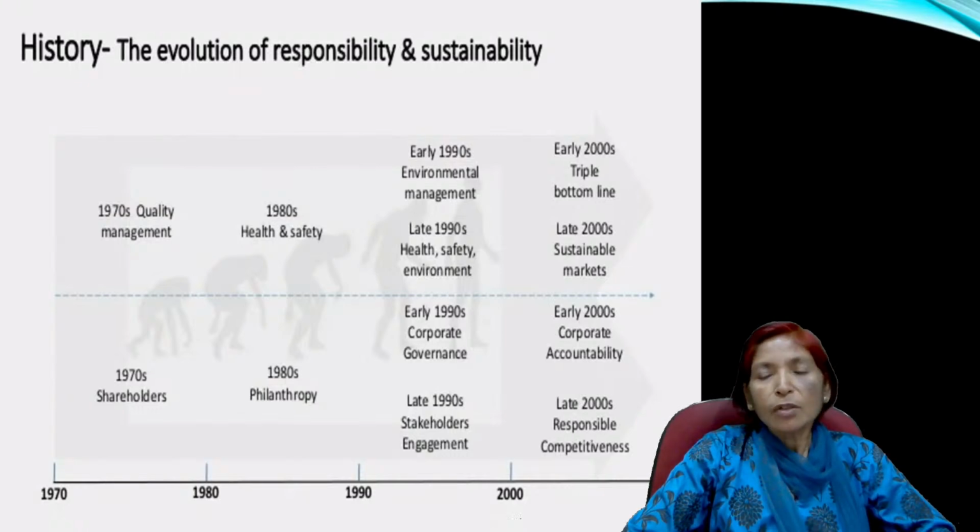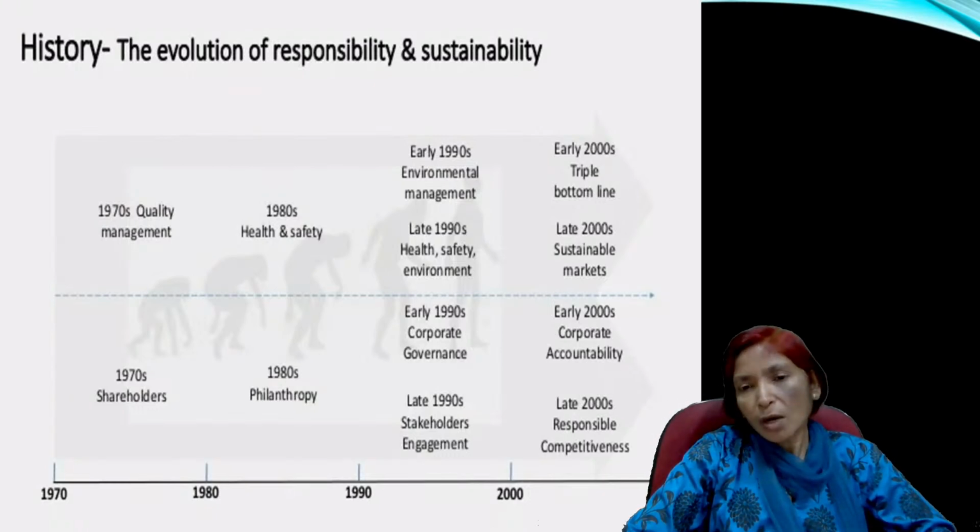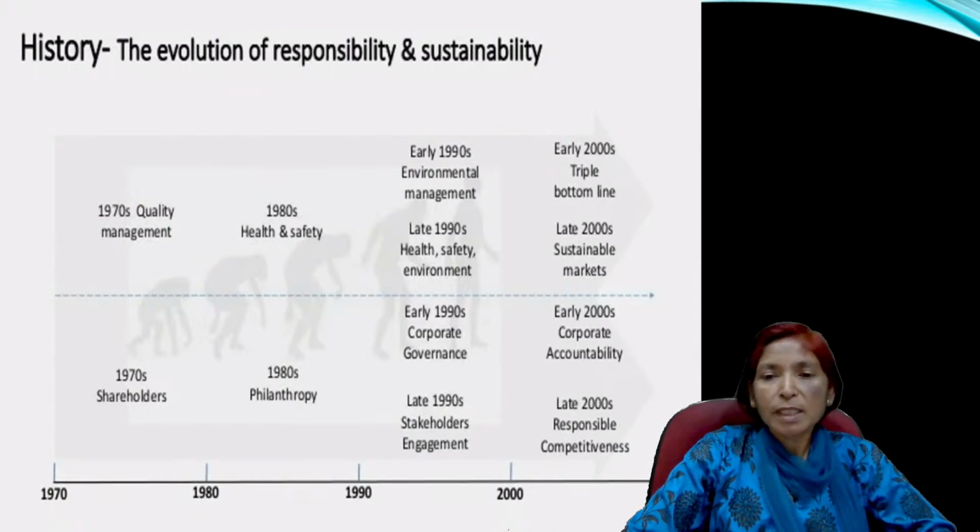Then in the early 2000s, the triple bottom line, which means all three aspects related to economic, environmental and social imperatives, all of these were included in the early 2000s. And after 2000, the sustainable development concept was also included in business social responsibilities.